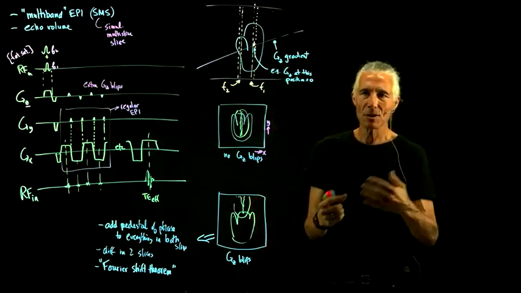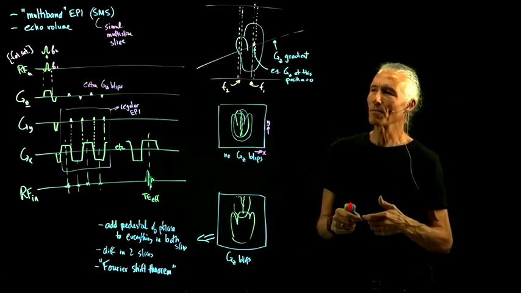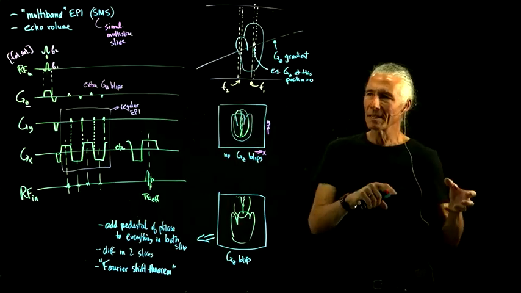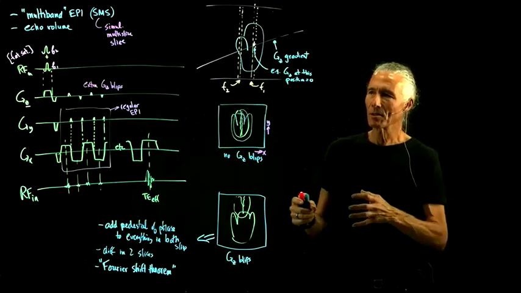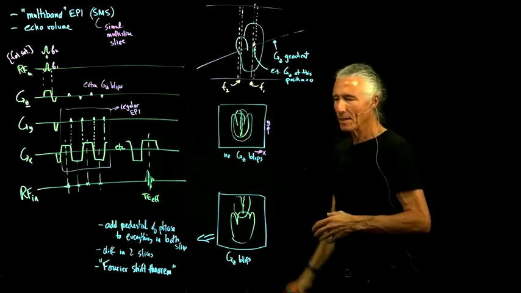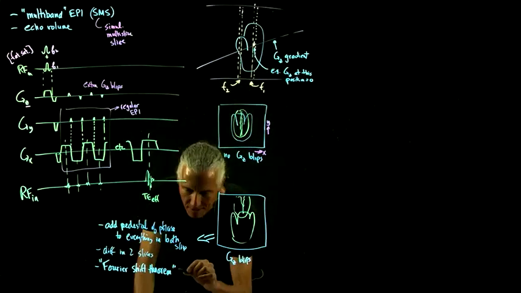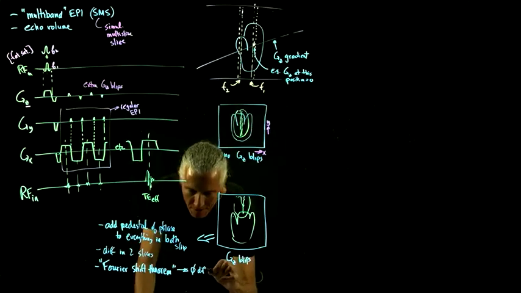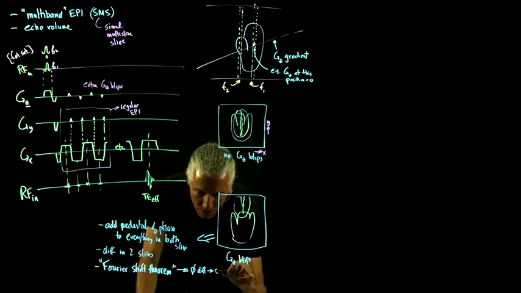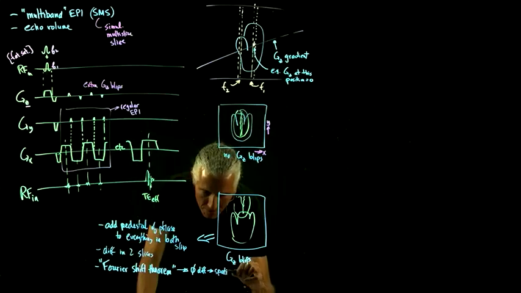That just causes a shift when you do the inverse Fourier transform. So a phase difference causes a spatial shift. That's the Fourier shift theorem.